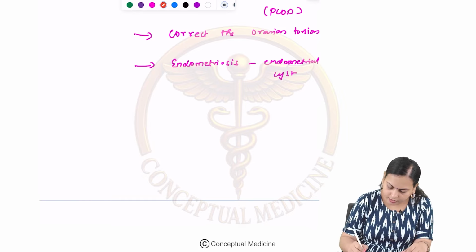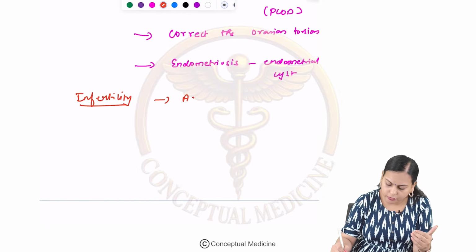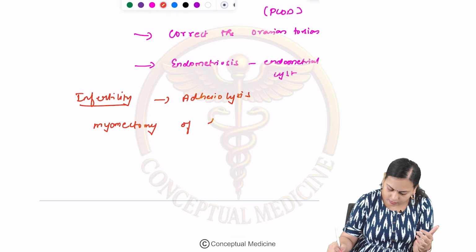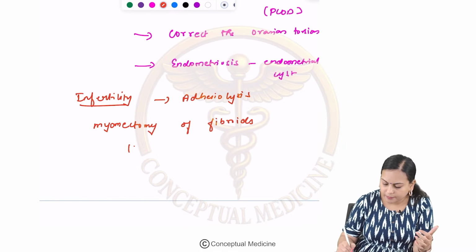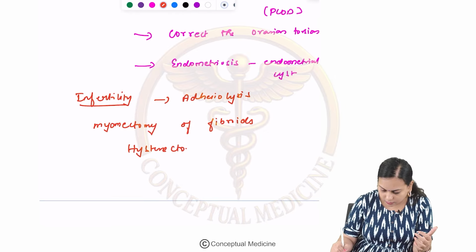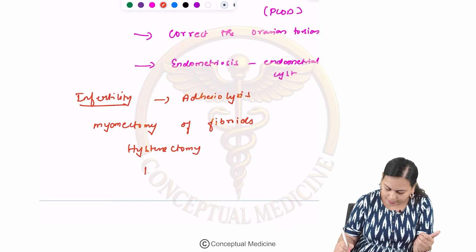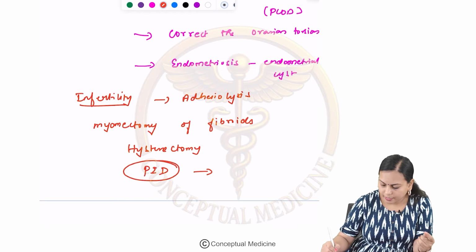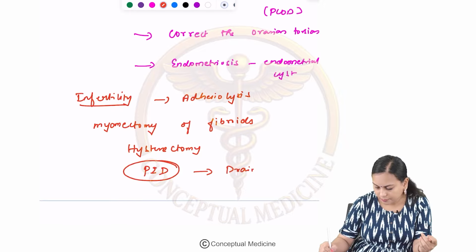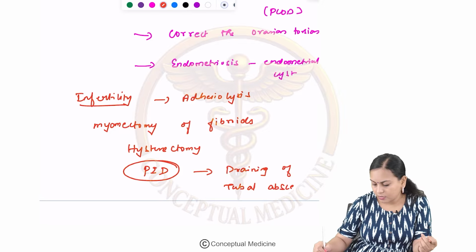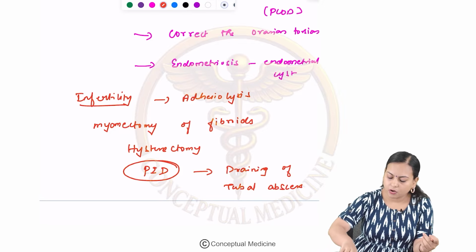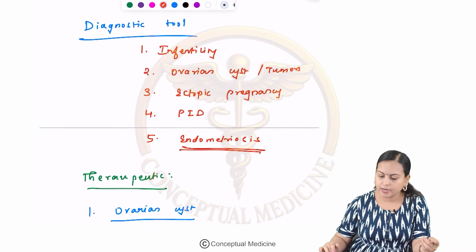Okay, then for management of infertility, you can do adhesiolysis, and you can even use myomectomy of fibroids or hysterectomy for any cause, and then management of PID by drainage of the tubal abscess. Okay, so all these are the therapeutic indications of laparoscopy.